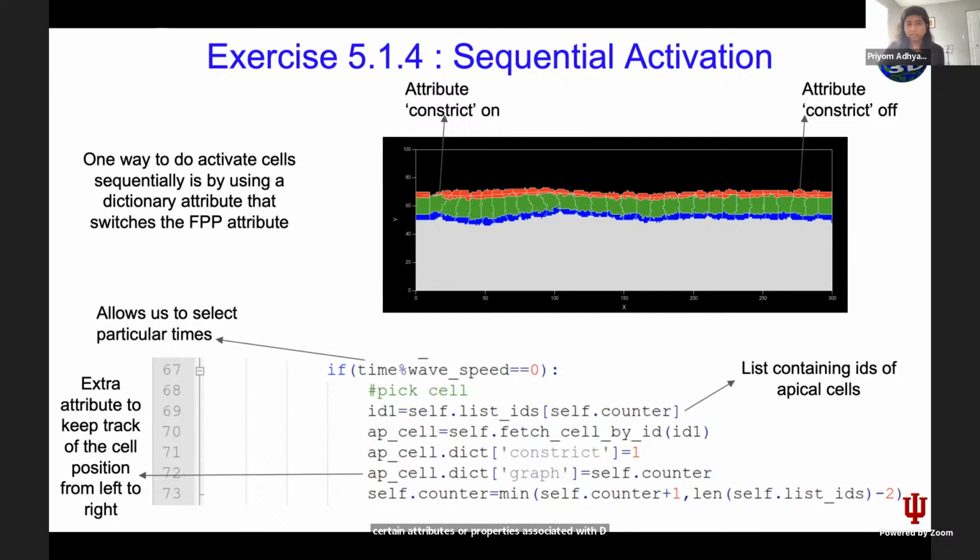So our goal is to start from the left side of the simulation and slowly start changing FPP properties sequentially from the left to the right. But we want to know at what times, at what positions these properties are going to be changed.